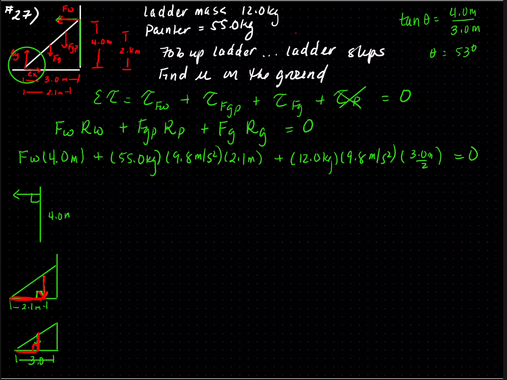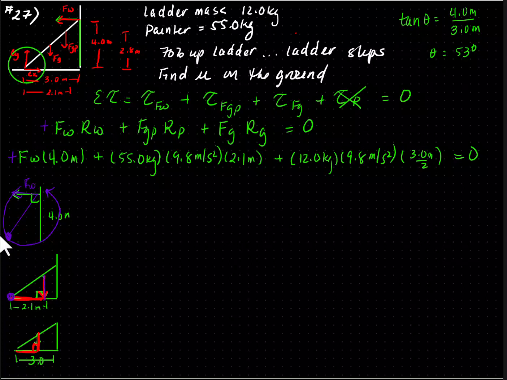So now I'm going to account for direction. If I look at the first one, which is Fw, this is my pivot point. If I pull my Fw to the left, it's going to rotate counterclockwise, so that's positive. This is my pivot point down here.